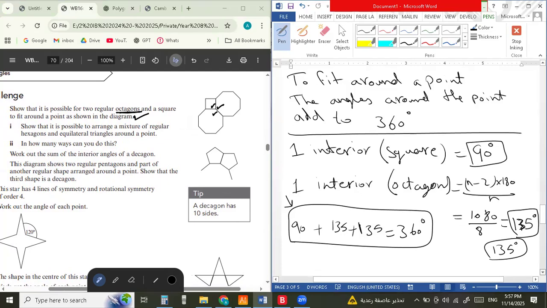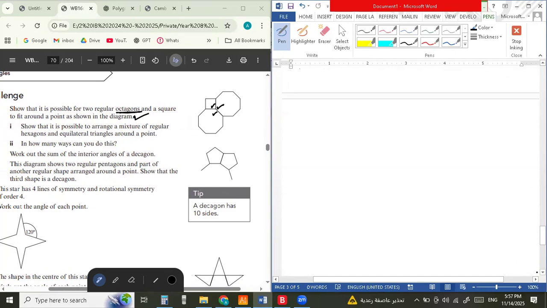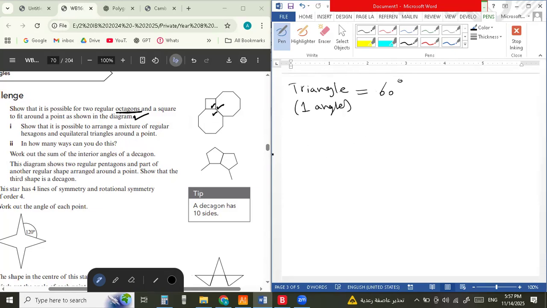Next question says to you, show that it is possible to arrange a mixture of regular hexagons and equilateral triangles around a point. An equilateral triangle means a regular triangle, which means that the three angles are equal. One angle is 60 degrees. What about a hexagon?